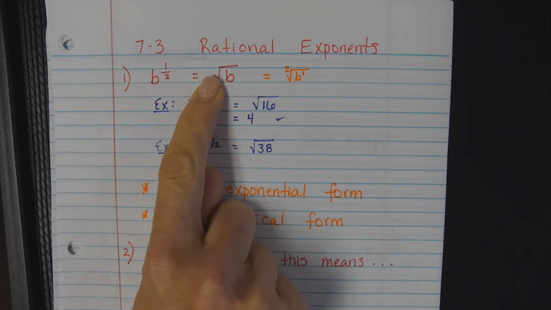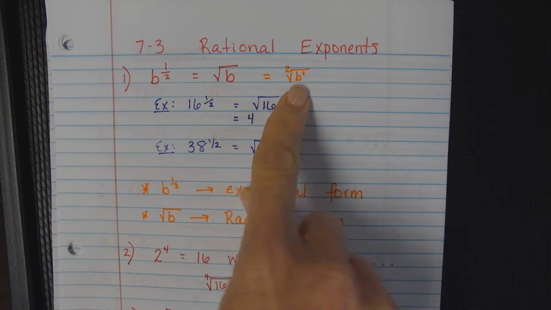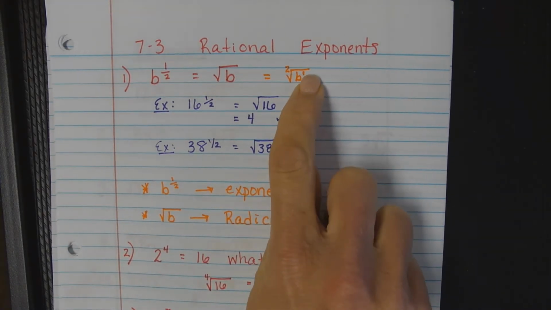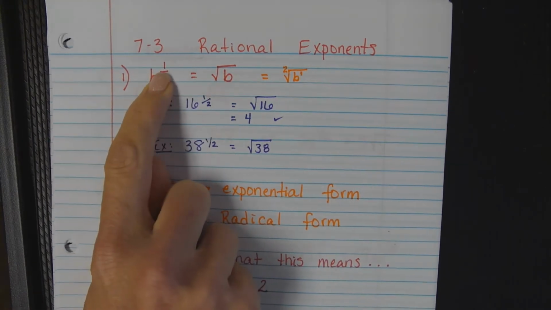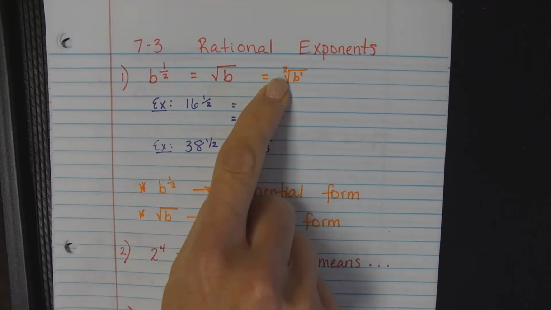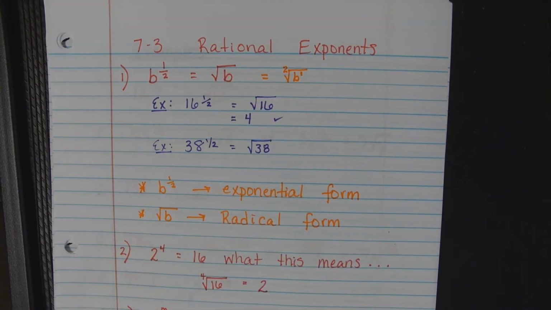That number is understood to be there, just like the exponent 1 is understood to be there. That's where the 1 comes from here, and this 2 is the same 2 there. Do you see? For both scenarios, those are understood to be there. So you know this, you just don't realize you know it.